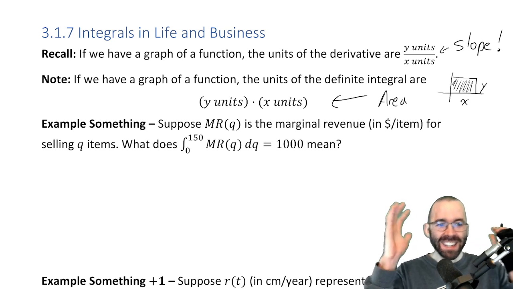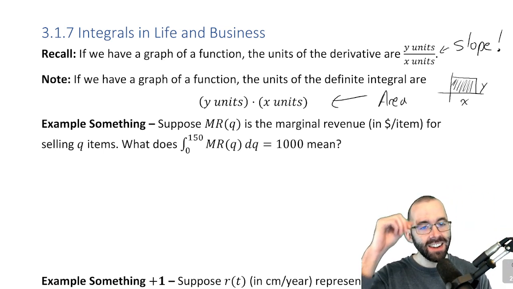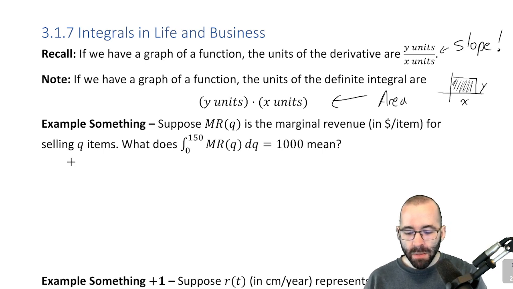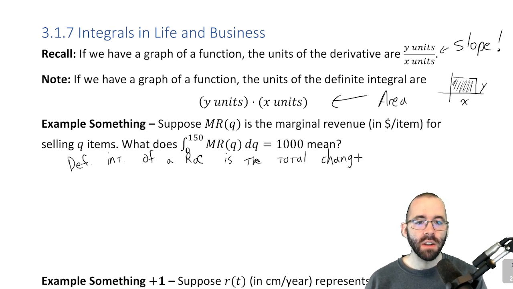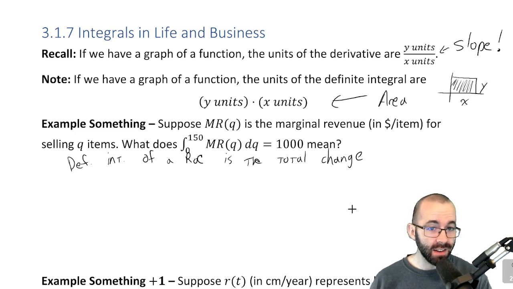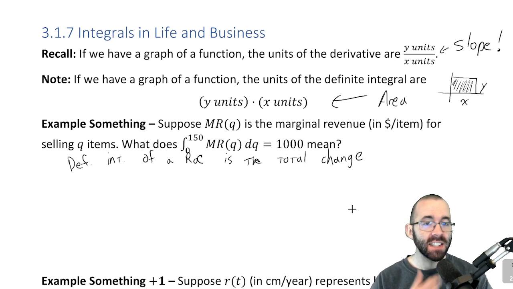Whoa, there's a lot going on here. Remember that the definite integral of a rate of change is the total change. What do we have here? Is marginal revenue a rate of change?